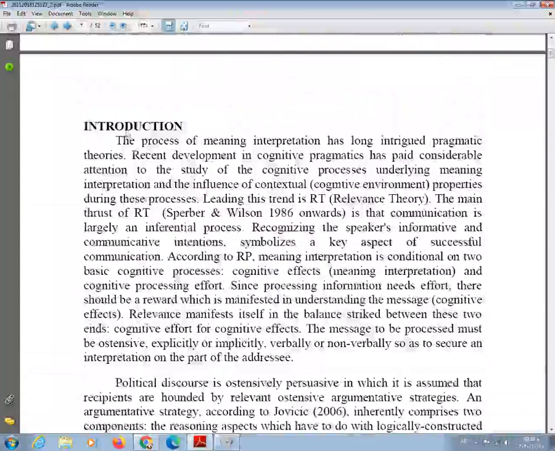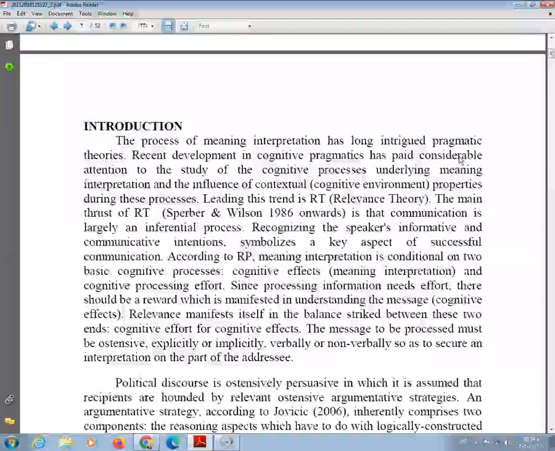The process of meaning interpretation has long intrigued pragmatic theories, and pragmatic theories belong to a linguistic discipline or linguistic branch or science called pragmatics. And pragmatics is the study of meaning as it's intended by the speaker, not meaning per se, or the meaning of text alone. No, as it is intended by the speaker. So we can say that pragmatics studies the speaker's or the addresser's meaning.